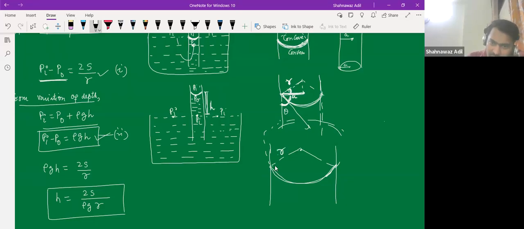We only know the radius of this cylinder, the capillary that we have put. We know this angle, whatever this contact angle is. So the idea is that we have to relate this radius with this cylinder radius. Is this thing clear, guys?